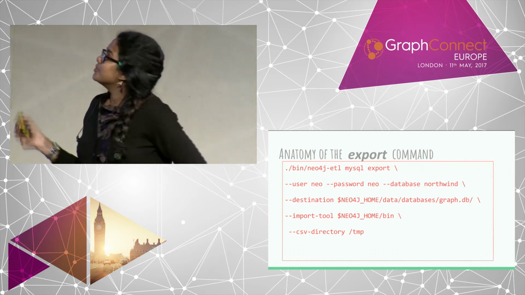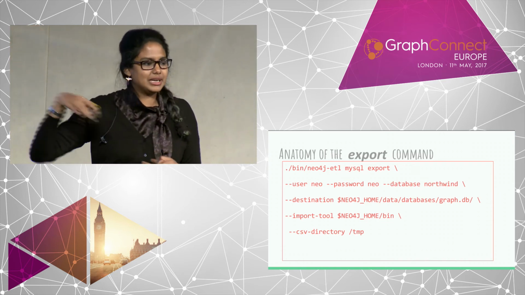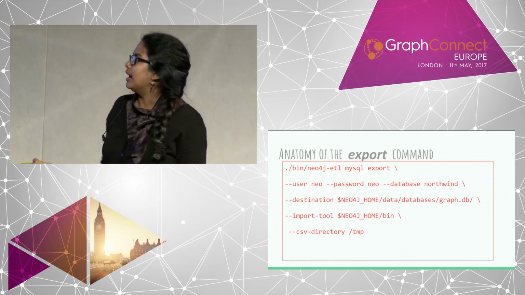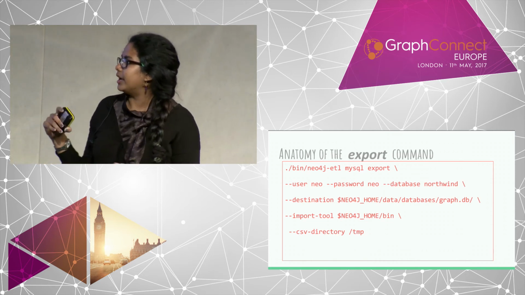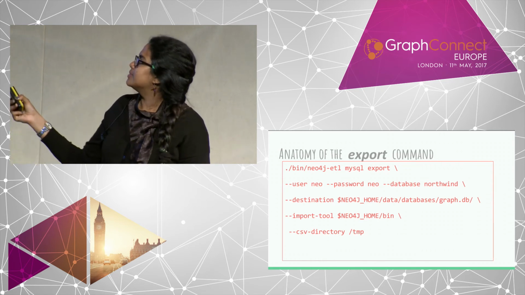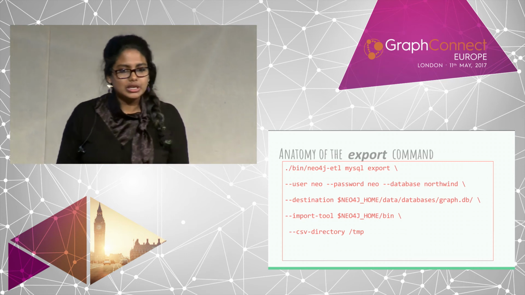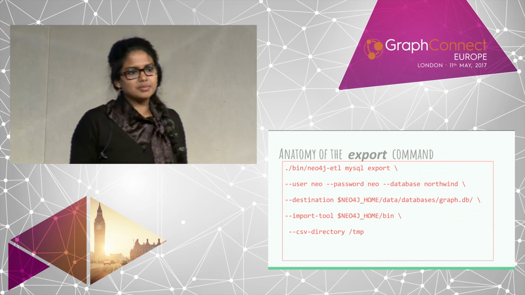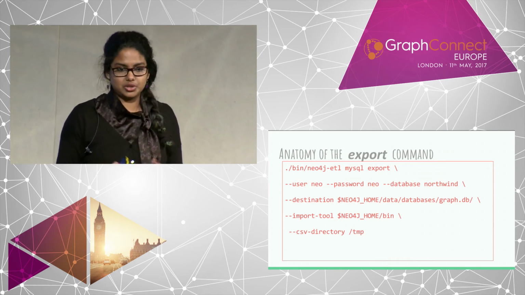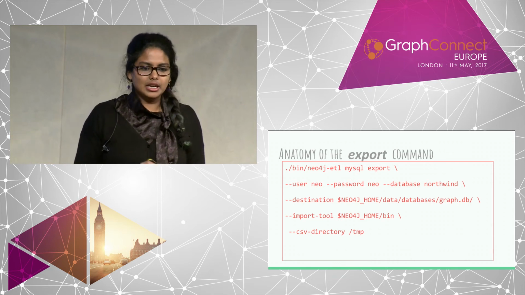So this is the anatomy of the export command. You have Neo4j ETL, and I'm specifying which database I want to export from, and I'm giving the username and password of my Neo4j database. And I'm saying that this is the destination directory, and I'm giving it an import tool. If you're familiar with the tools Neo4j comes with, Neo4j import is one of them, and this ETL tool is using it.